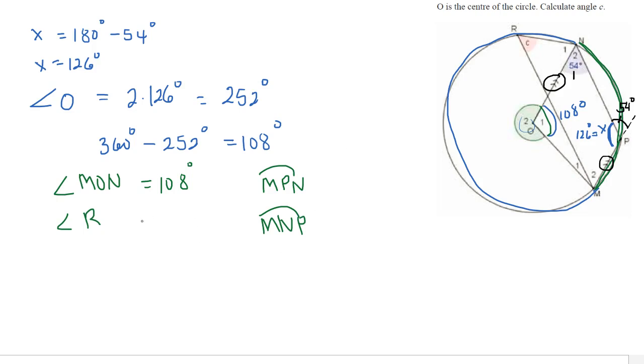That means subtended angle R is half of the central angle MON. That is 54 degrees.